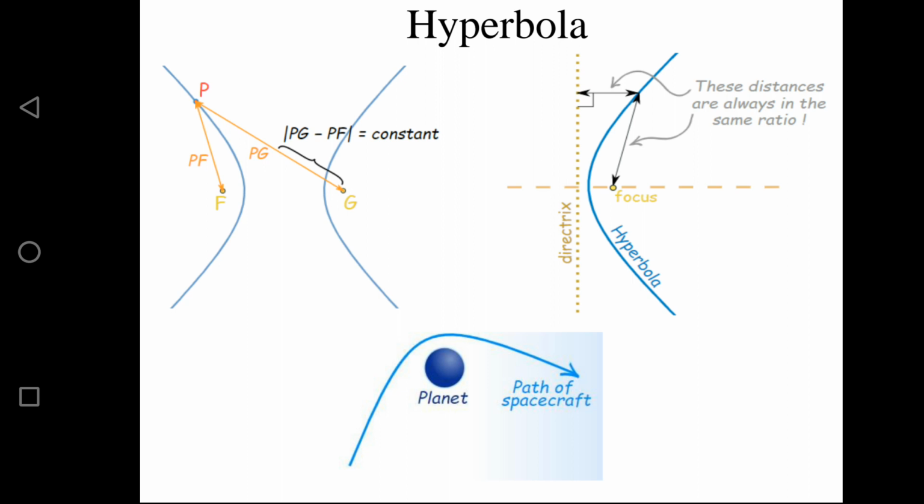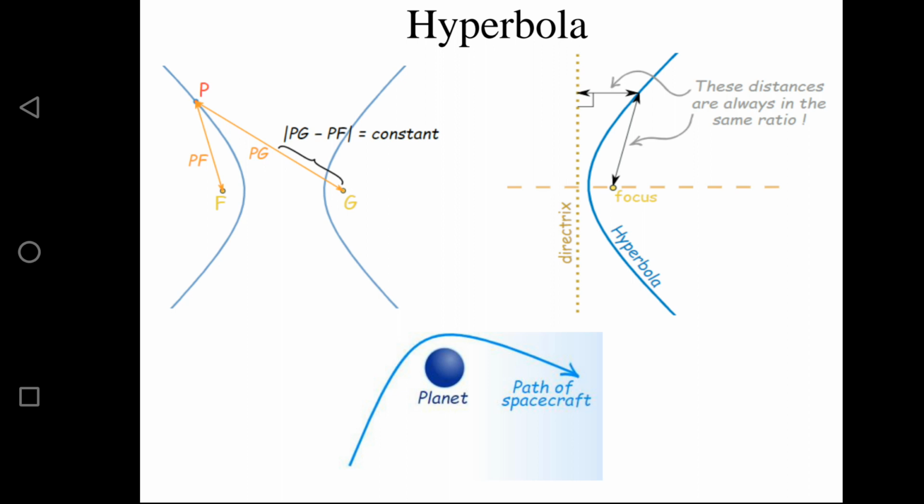Here also we have the axis of symmetry. You can see that in the second figure we have an axis of symmetry which goes through each focus, and we have two vertices where each curve makes its sharpest turn, which is also the point of contact between the axis of symmetry and the hyperbola.